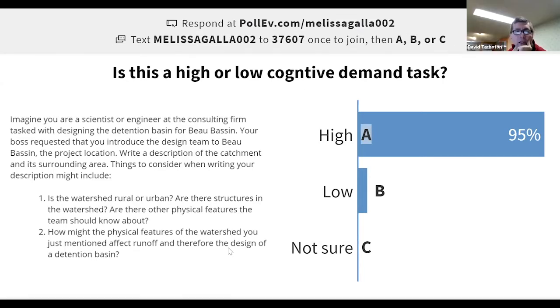Well, there's low cognitive aspects, like is the watershed rural or urban? That's pretty low. But when you're asked to write a description, you have to think about the high level things. Does anybody want to comment on what Dave contributed? I'll jump in.